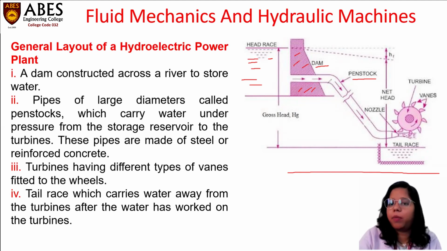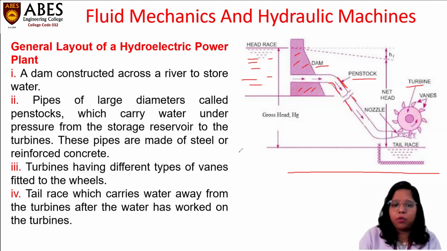Then this is the pipe of large diameter from where the water travels from the reservoir to the turbine. This is the turbine. This is the penstock from which water comes towards the turbines. These pipes are made of steel or can be made of reinforced concrete.